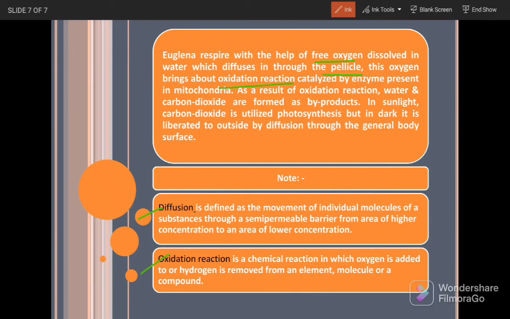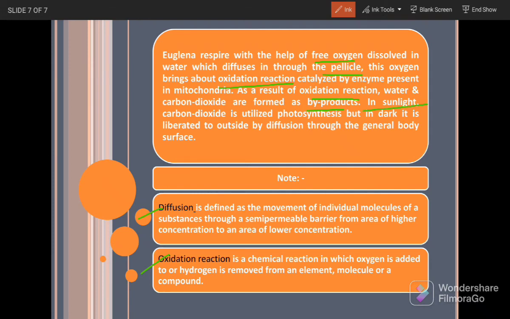The enzymes present in mitochondria help catalyze that oxidation reaction. As a result of the oxidation reaction, water and carbon dioxide are formed as a byproduct.